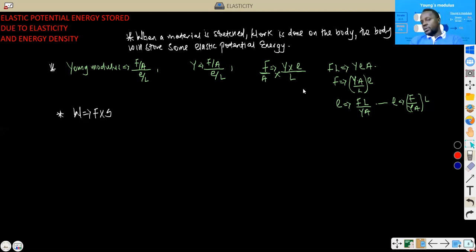So directly, we just have to put a substitution to what we have talked about. And if we do that, we can calculate the work. So when work is done, potential energy is given.